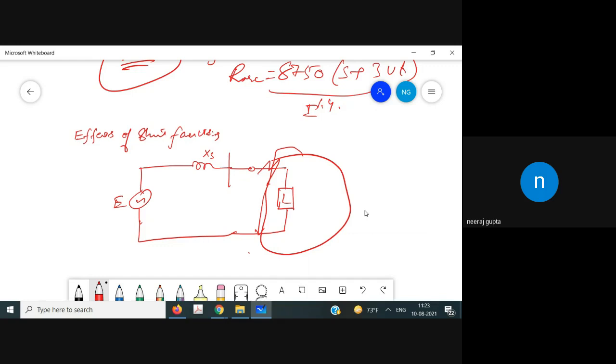Let us consider the isolated system where some fault occurs, as we have seen. Let us suppose that the initial voltage is 1 per unit and the synchronous impedance is 2 per unit. The steady state short circuit current would be simply 1 divided by 2, that is 0.5 per unit, which is too small.